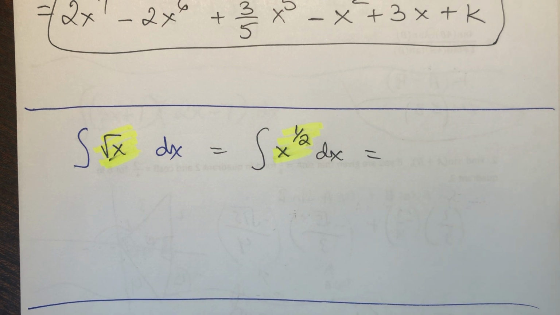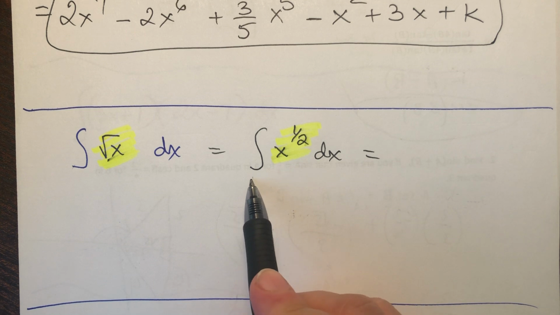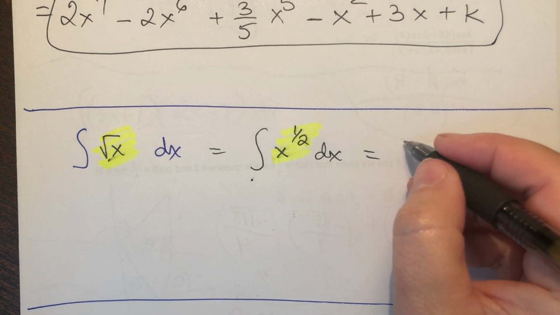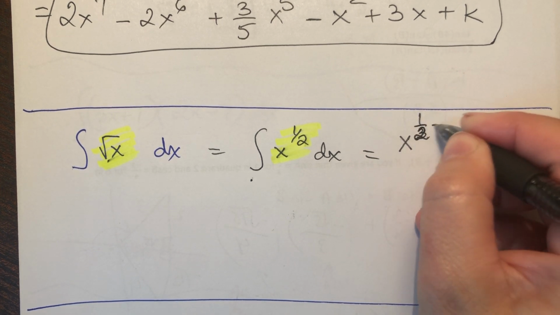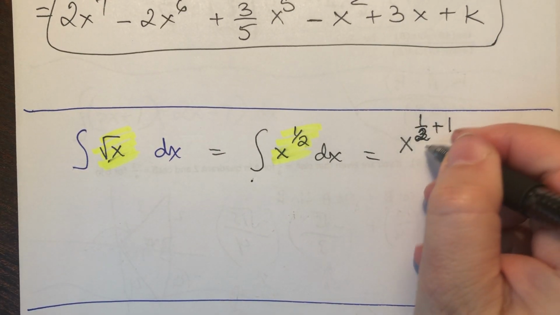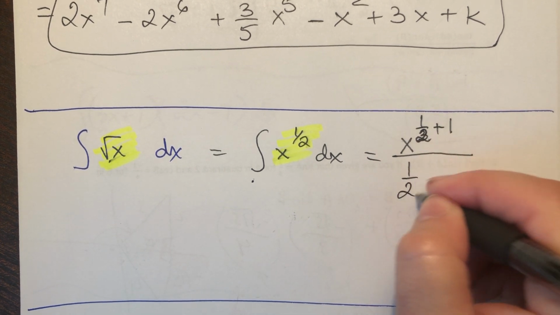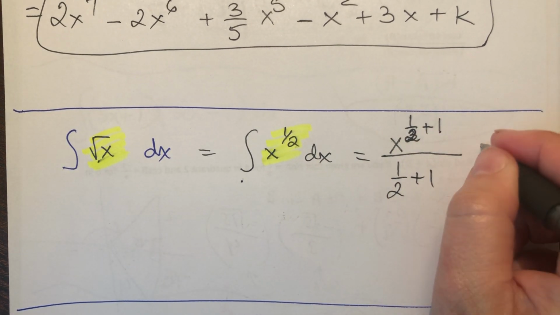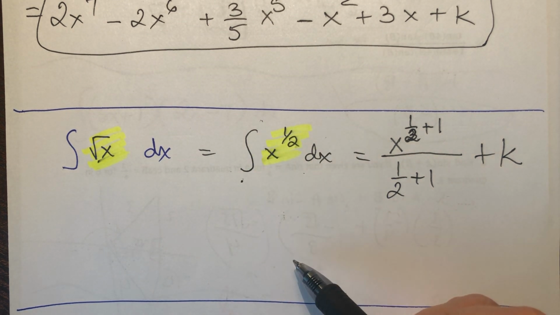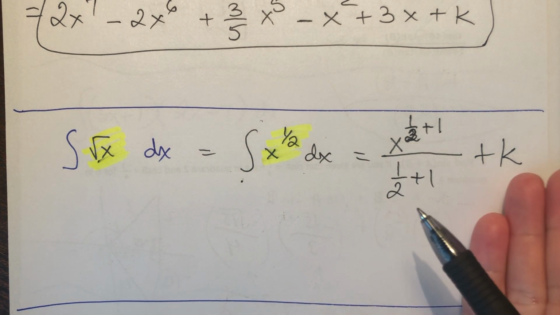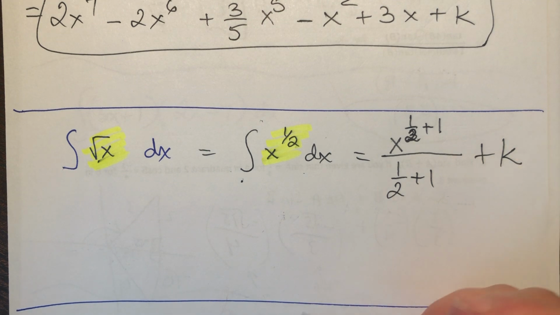Now, to drop this symbol and to say I am now finding the antiderivative, what do I have to do? I have to increase this power by 1 and divide by that same power. And now I'm dropping the antiderivative symbol because I used it to find the antiderivative.